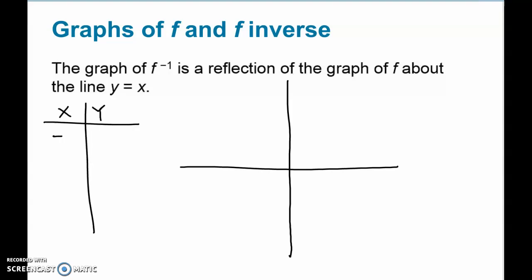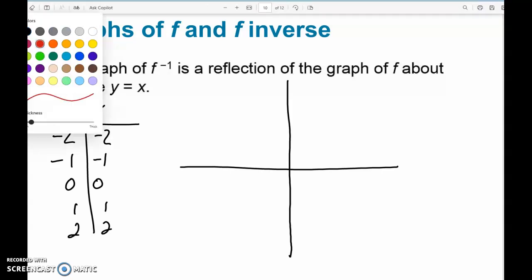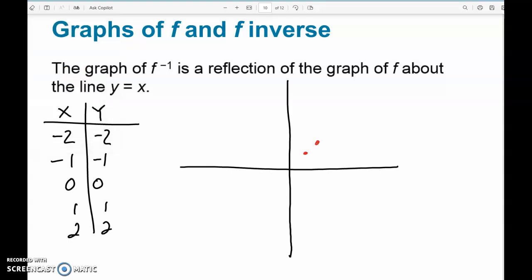Our input-output table, if you have -2 for x, it produces -2 for y. It's the identity, all the points are equal to each other. So if you were to graph them on an xy plane, it would look like this.